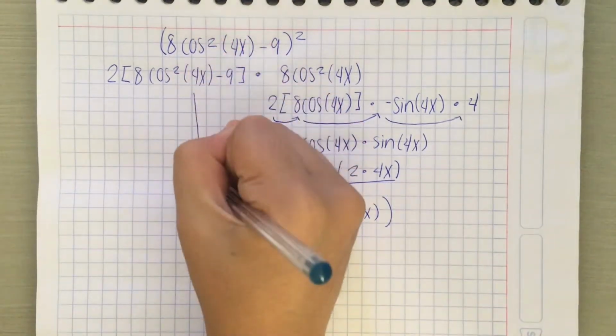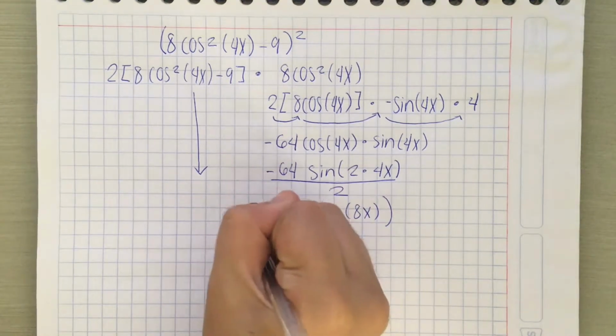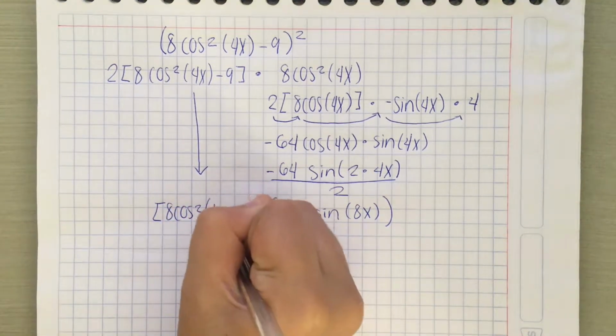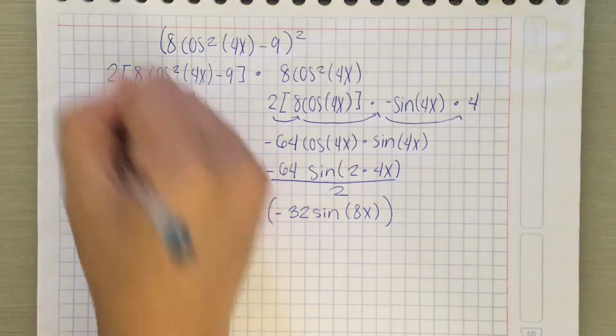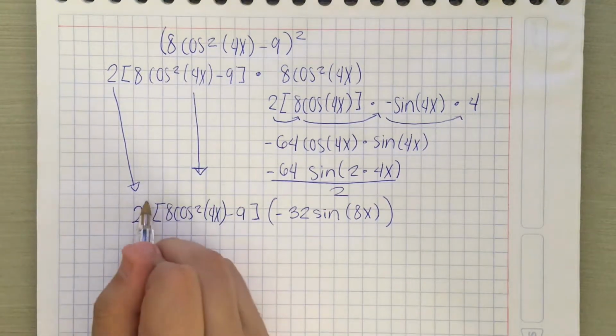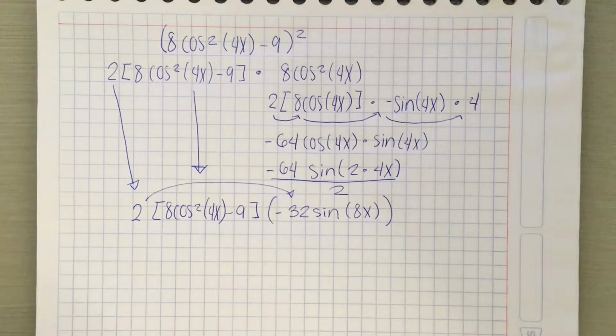We need to get this down, that we left behind, that is 8 cosine squared 4x minus 9 and times 2. This as well is going to get down, and we need to multiply these 2 by negative 32.